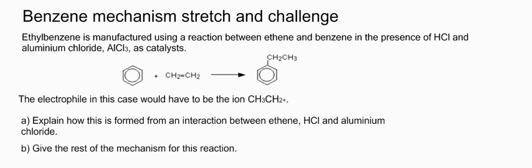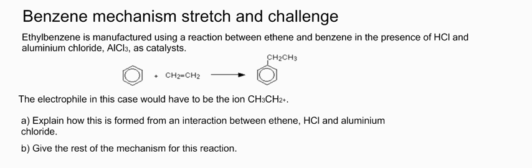The electrophile in this case is CH3CH2+, which is our standard positive electrophile for a benzene mechanism. So we've got to explain how the electrophile is formed first of all, and then we've got to give the mechanism.